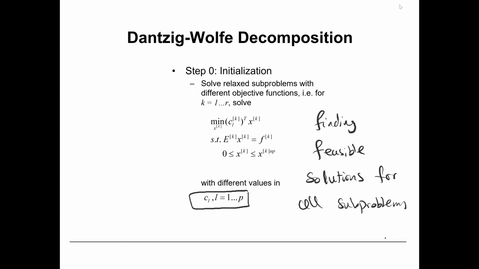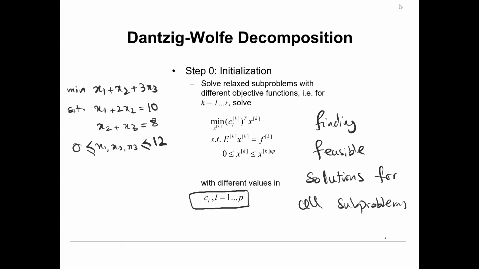Again, I want to emphasize just one example. Let's say one of your subproblems looks like this: x1 plus x2 plus 3x3, subject to x1 plus 2x2 is equal to 10, x2 plus x3 is equal to 8, x1, x2, x3 less than or equal to 2x.